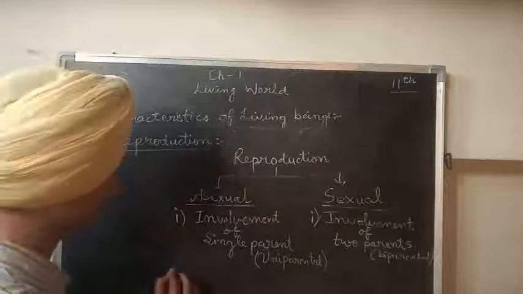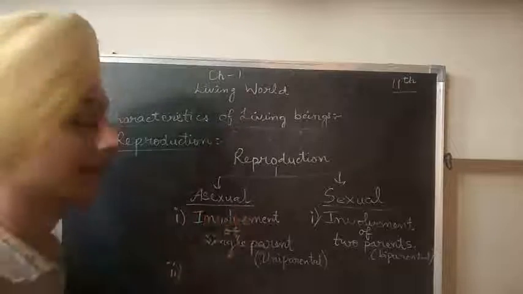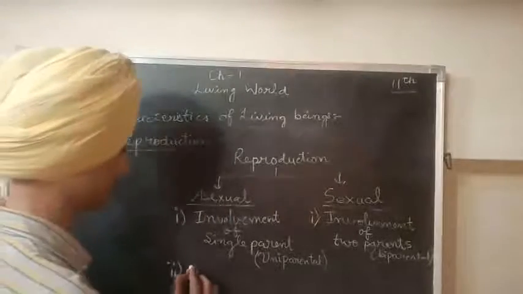Next point is, in asexual reproduction, gametes are absent, totally absent.